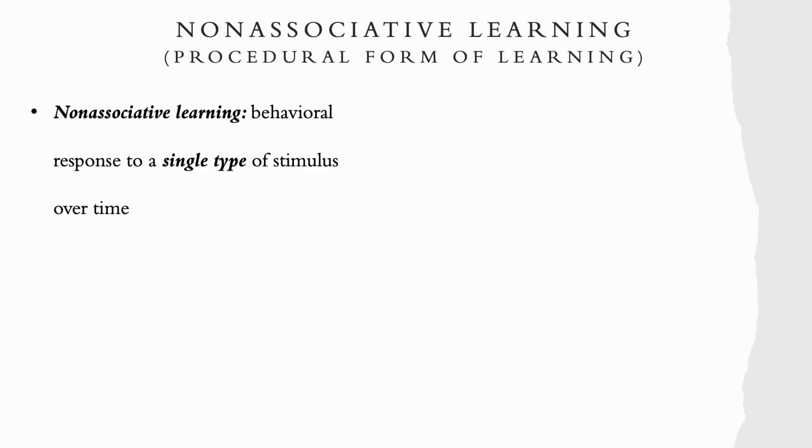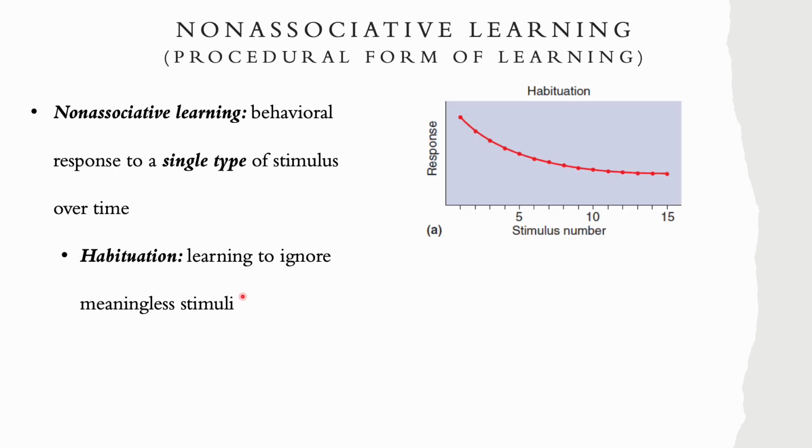In order to better understand the procedural form of learning, I need to discuss non-associative learning. Non-associative learning is a behavioral response to a single type of stimulus over time. A perfect example of this is habituation, in which a person learns to ignore meaningless stimuli. For example, let's say you hear a car horn outside of your bedroom window. When you initially hear the car horn, it's going to evoke an increased response.